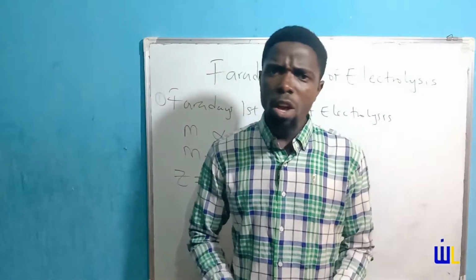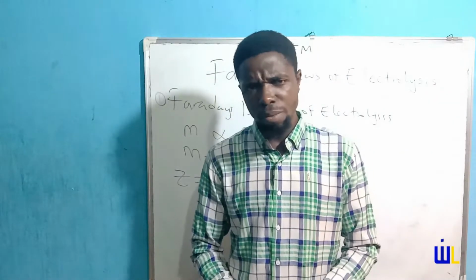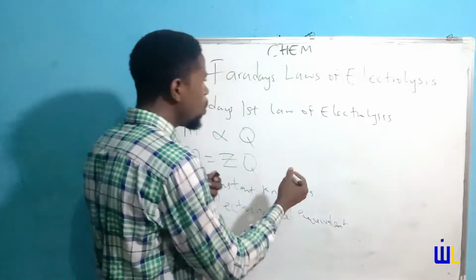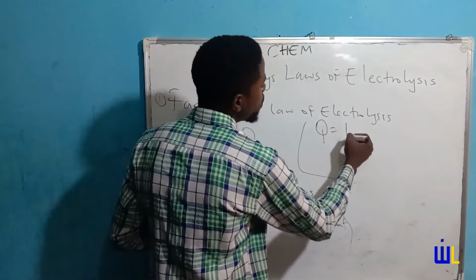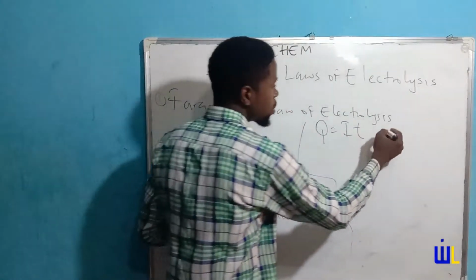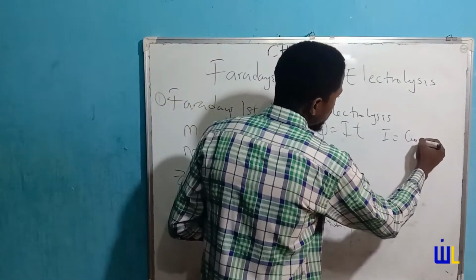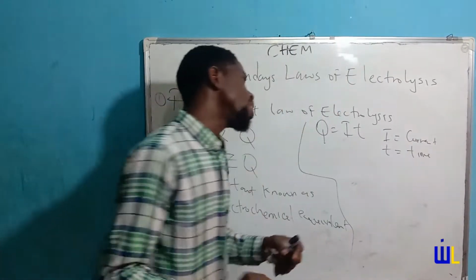In the first law, we are simply relating the mass of a substance to the quantity of electricity. With this said, I would also like you to have this in mind: Q equals IT, meaning Q equals current times time, because I is current and T is time.